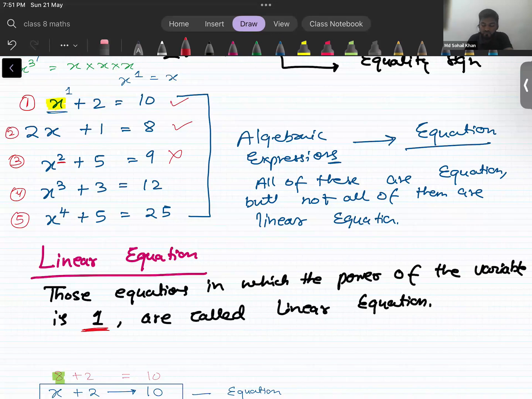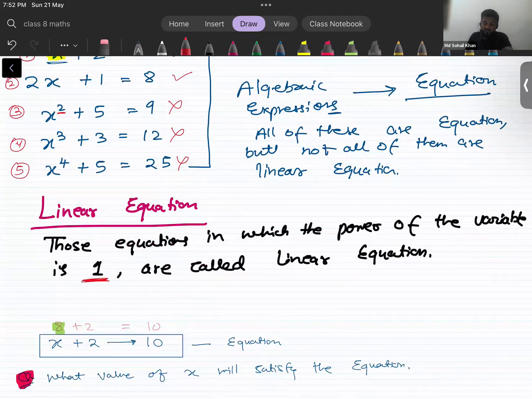That is 3, also not a linear equation. Option number 5? That is also not a linear equation. So the definition of a linear equation is those equations in which the power of the variable is 1.